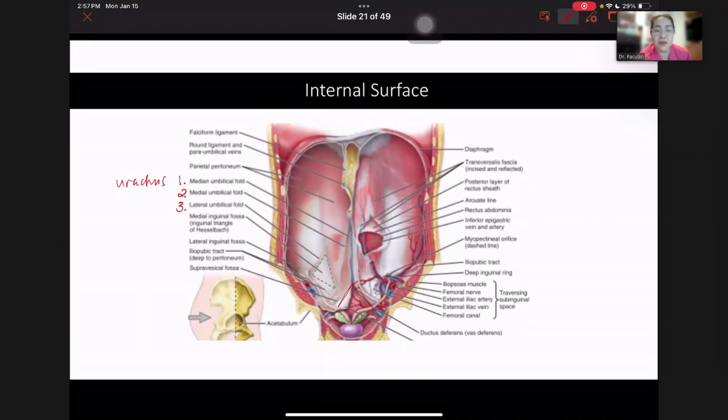Medial umbilical fold covers your medial umbilical ligament formed by your occluded umbilical arteries. And you have your two lateral umbilical folds that are lateral to the medial umbilical folds and cover the inferior epigastric arteries.